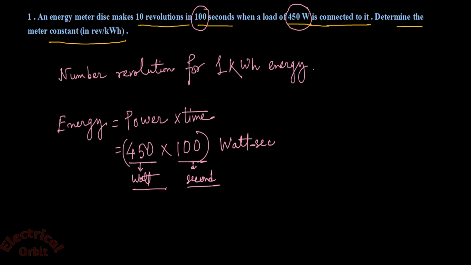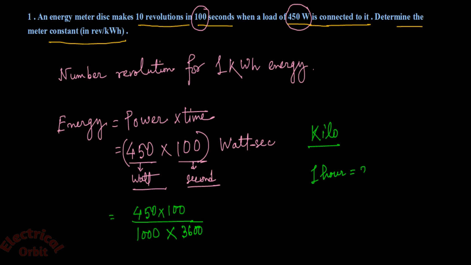Now we have to convert this watt second into kilowatt hour. For that, what do we need to do? We have to simply divide this with 1000, that is converting it into kilo, and 3600, because 1 hour is equal to 3600 seconds.